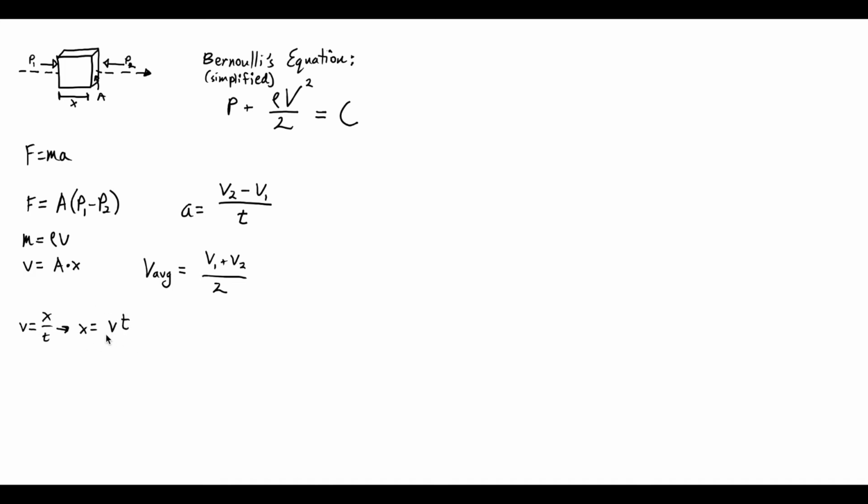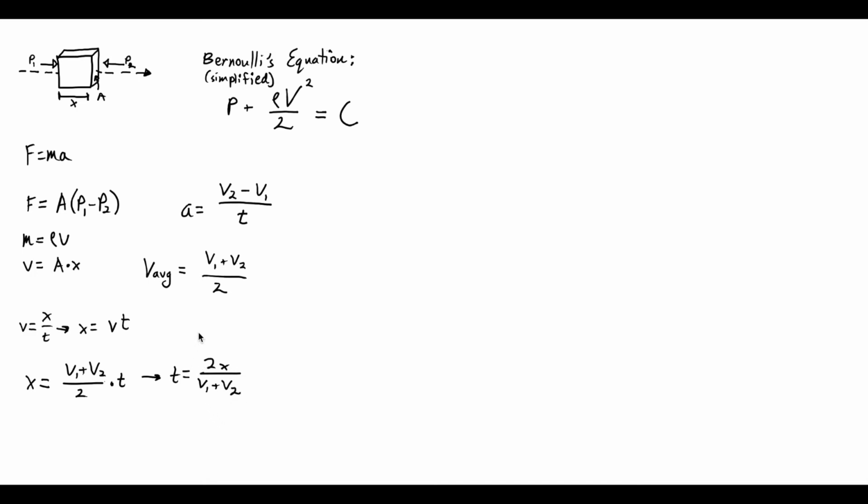We substitute in our other equation for velocity to get x equals v1 plus v2 over 2 times t, and then we can rearrange that further to end up with t equals 2x over v1 plus v2.